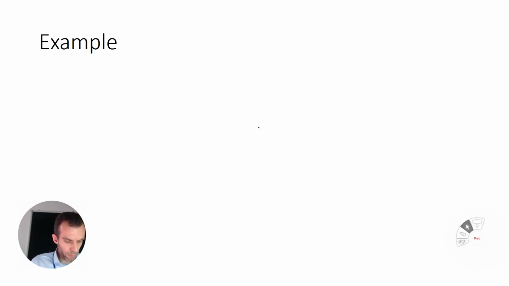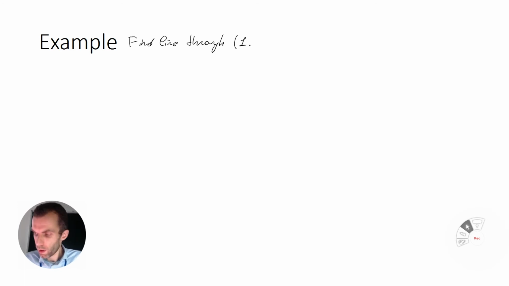So let's work with that a little bit. And let's do a quick example. So let's find the line through the points (1, 5) and (2, 7).